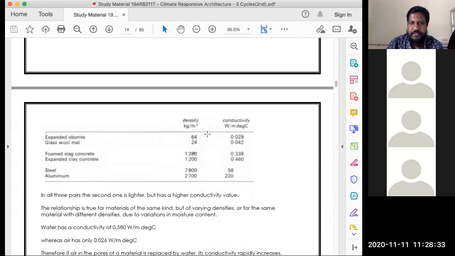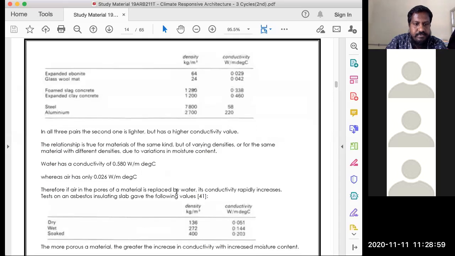Expanded ebonite, 64 kilogram per cubic meter, has a conductivity of 0.29 watt per meter degree Celsius. Whereas glass wool, which has a much lesser density, has a much higher conductivity value. So you can look into the examples here.